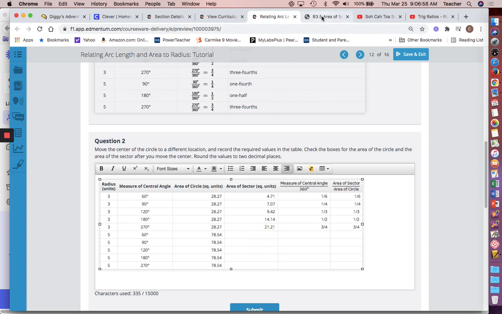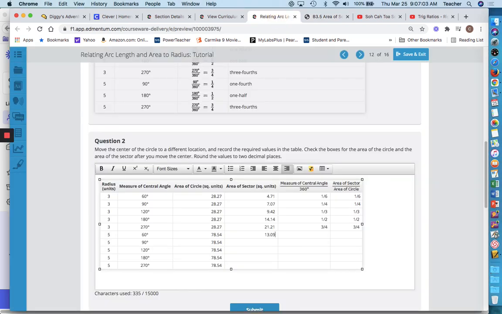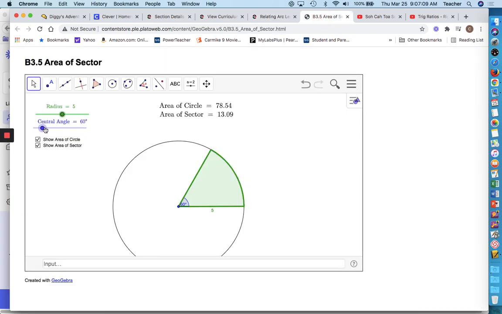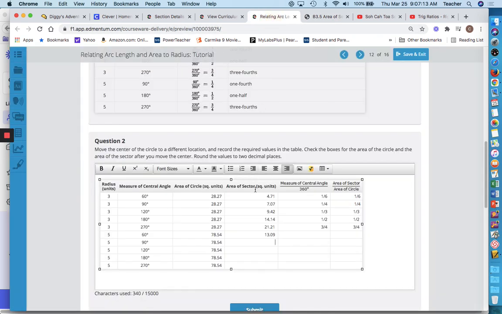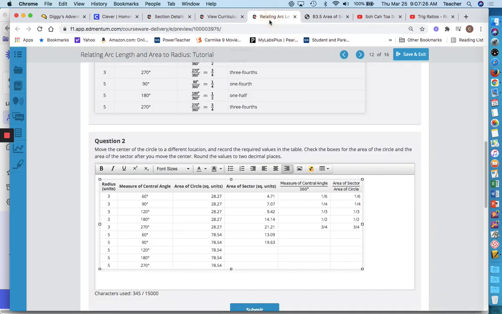Okay, so 13.09. 90, 19.63. Moving it to 120, 26.18.